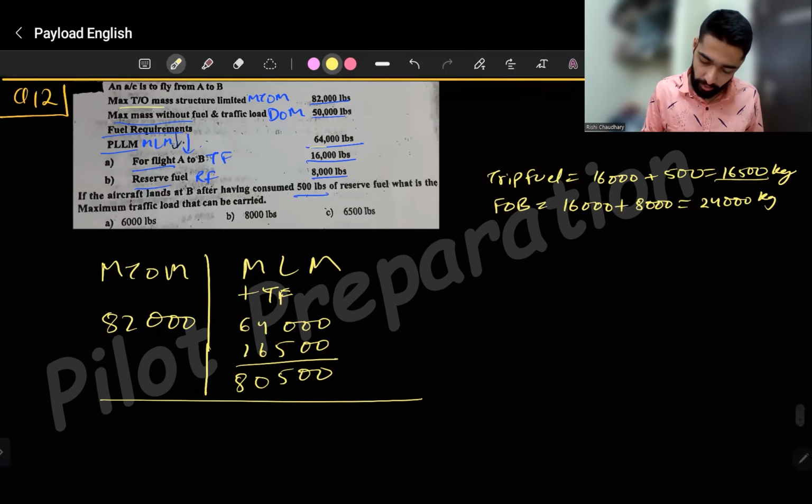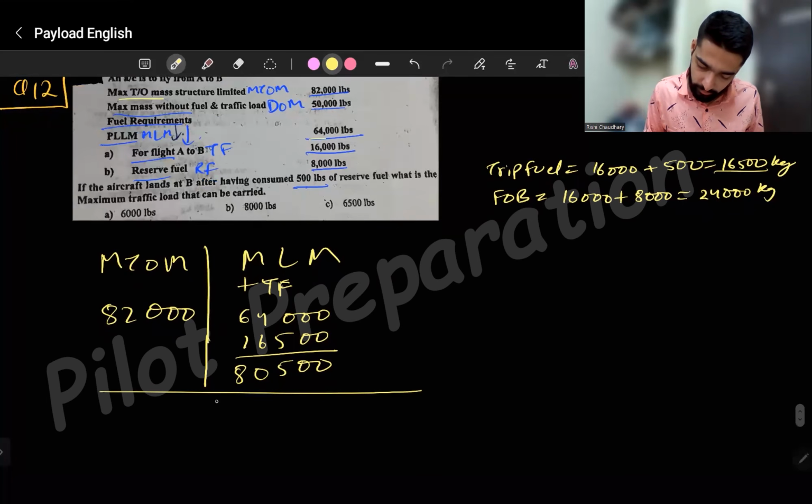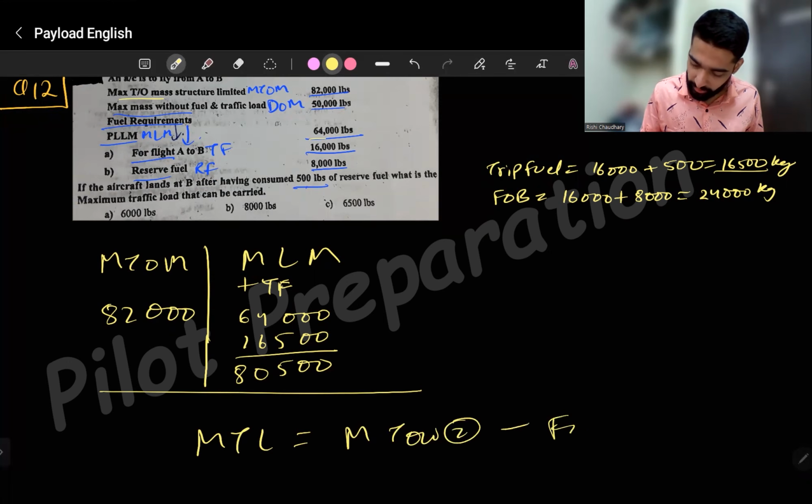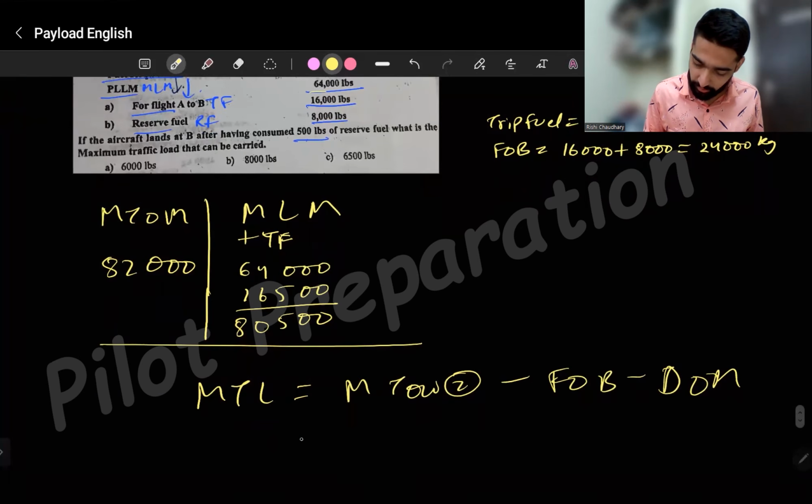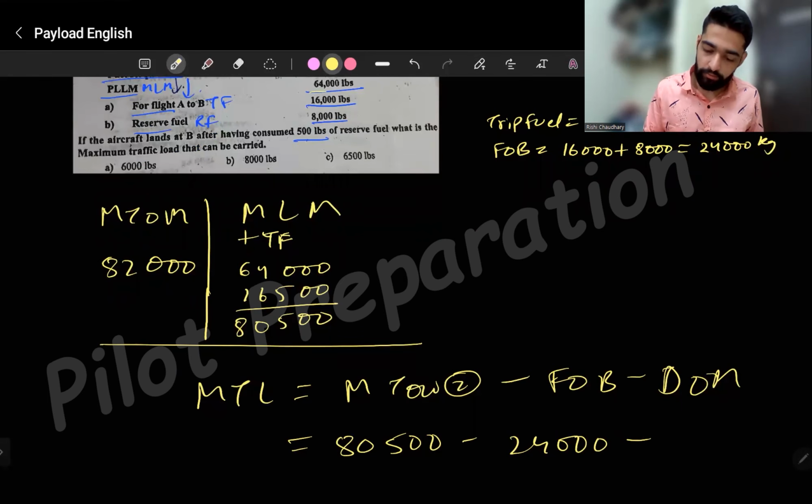Now, my maximum traffic load will be how much? MTOW minus FOB minus DOM, correct? So that is nothing but 80,500 minus FOB, which is 24,000, minus DOM.